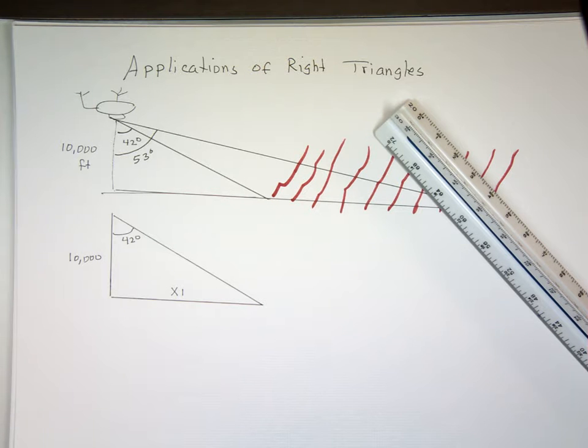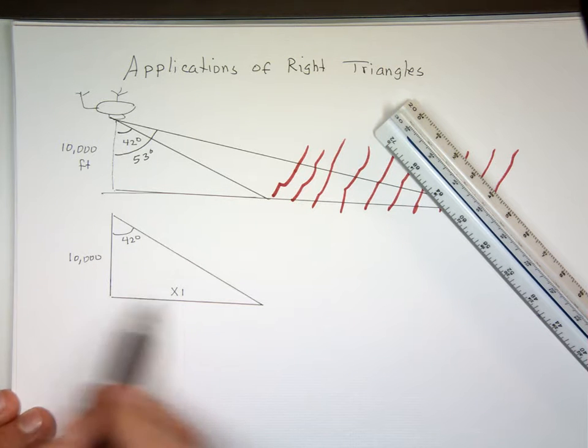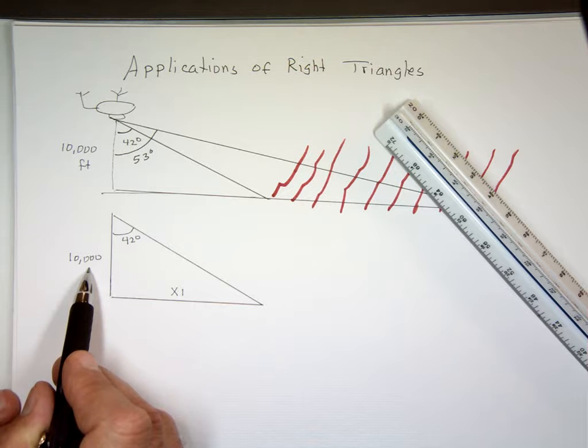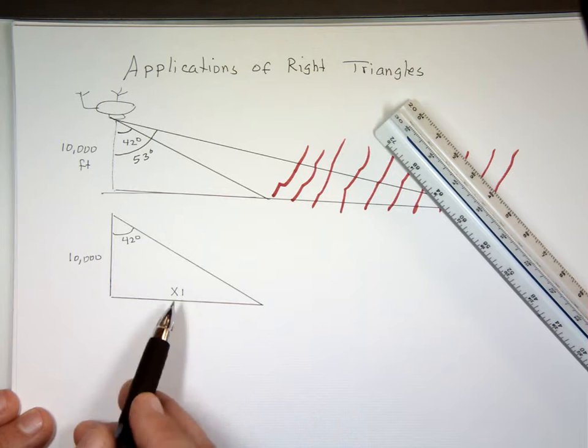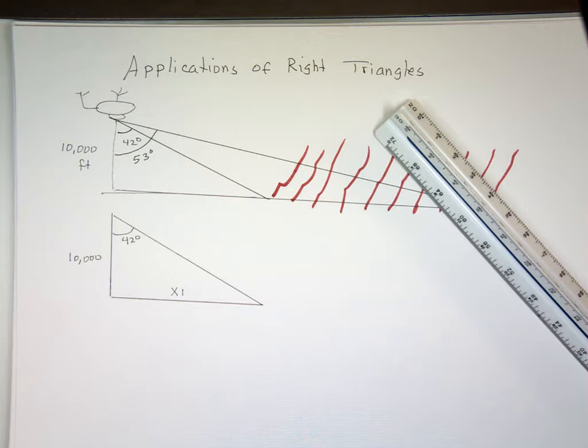Now let's look and see what we know in this problem. This is the angle, that's the opposite, and this is what? The adjacent. Opposite and adjacent. What trig identity puts the opposite and adjacent together? Tangent.